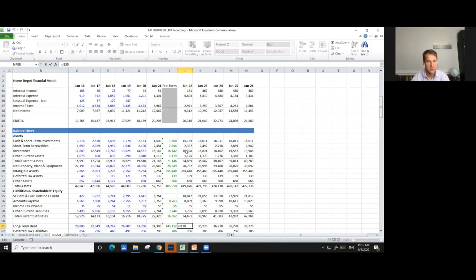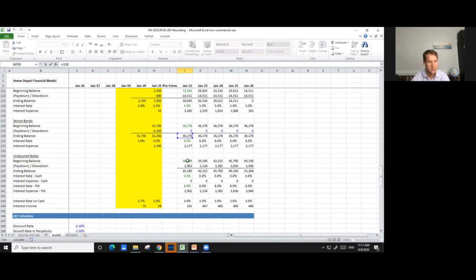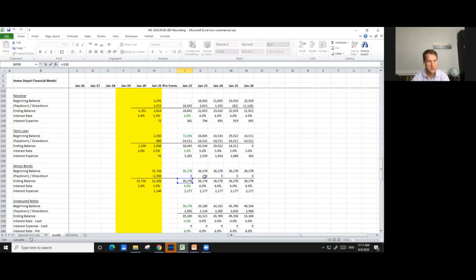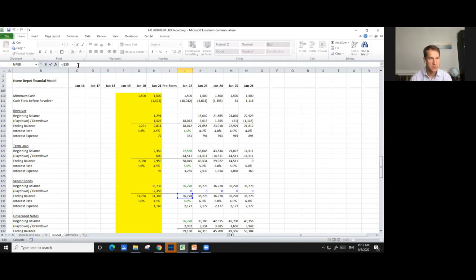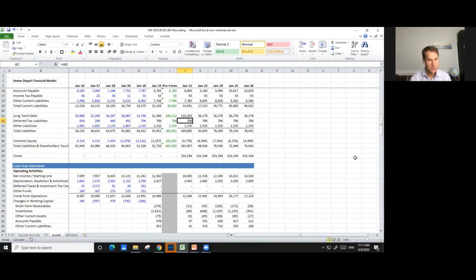Long-term debt, let's see, where does that come from right now? So it just takes senior bonds. So we need to add term loan, with revolver included in short term, and unsecured notes. It's our long-term debt.